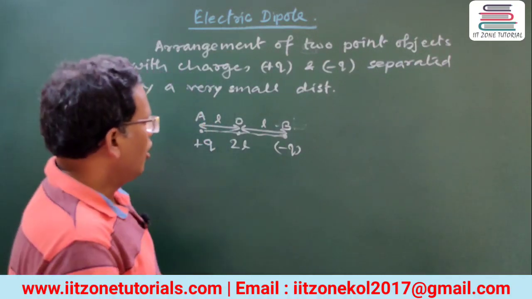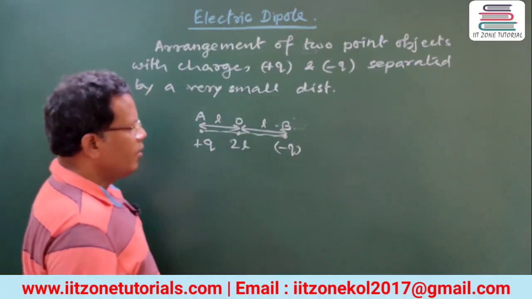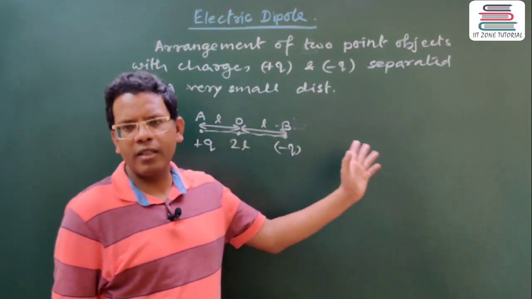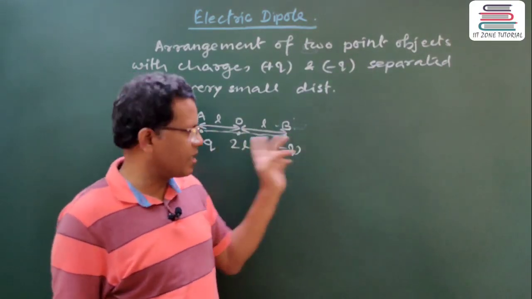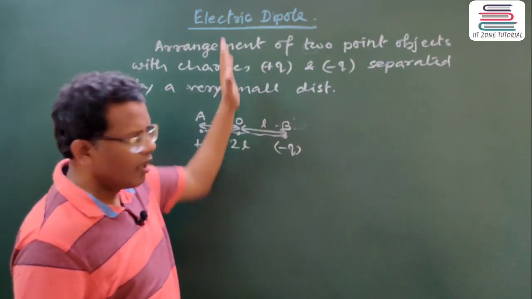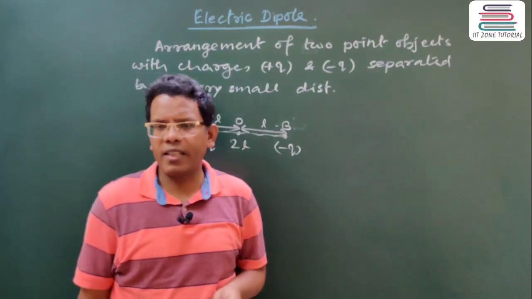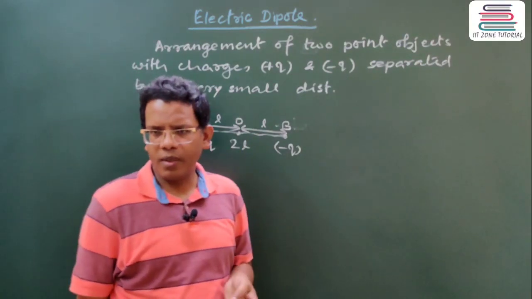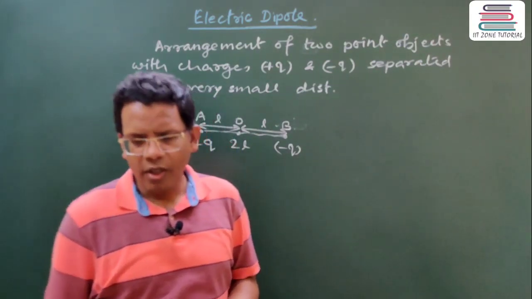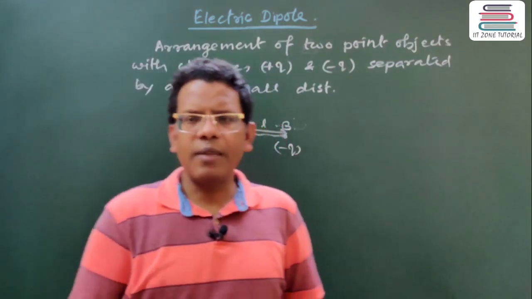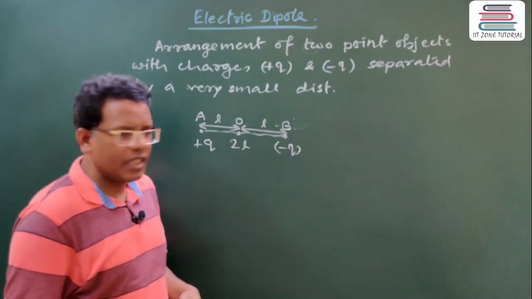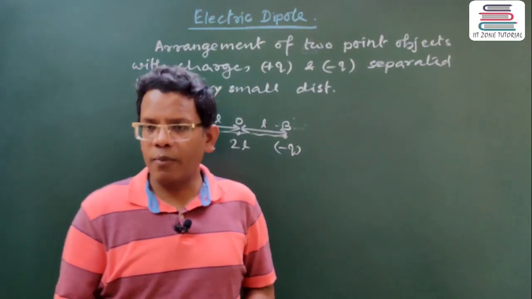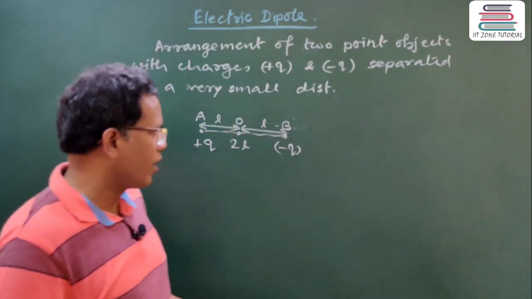We can calculate the potential as well as field anywhere along the line joining the charges, along the perpendicular bisector of the line joining, or at any other point, right? Generally we discuss the potential and the field due to this arrangement of plus q and minus q taken together.